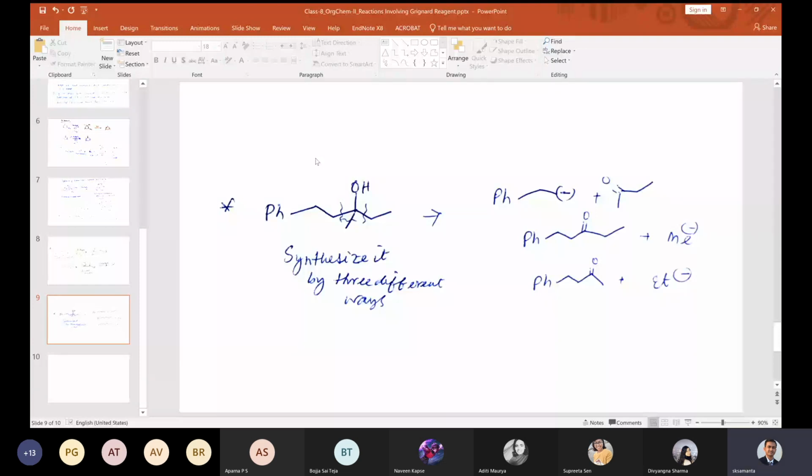Again, how do you choose which pathway or which approach would be suitable? It depends on the availability of starting material, cost, reaction conditions, all those things.